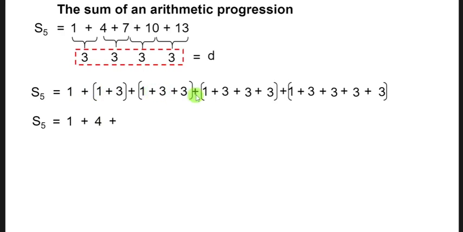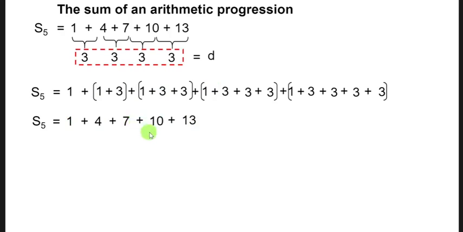When you add 1 plus 3, 4 plus 3, 7. Then plus, 1 plus 3, 4 plus 3, 7 plus 3, 10. Then plus, 1 plus 3, 4 plus 3, 7 plus 3, 10 plus 3, we'll get 13. So knowing the common difference and the first term can enable us to come up with an arithmetic series.